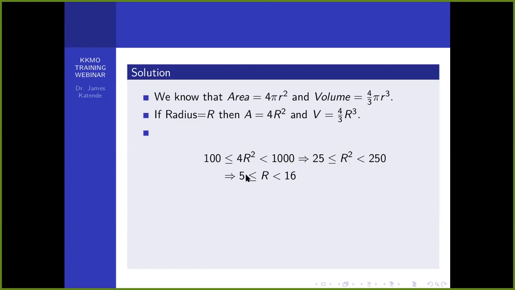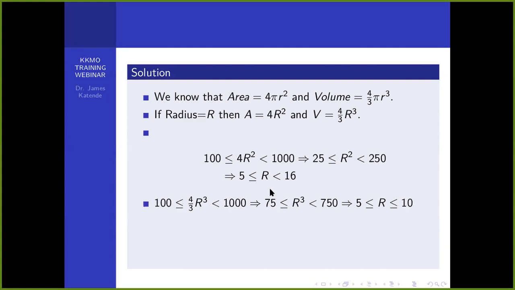Then if you work with square roots approximately, you have 5 on one end and 16 on the other end, with strictly less than on the right-hand side. So R lies between 5 and 16.